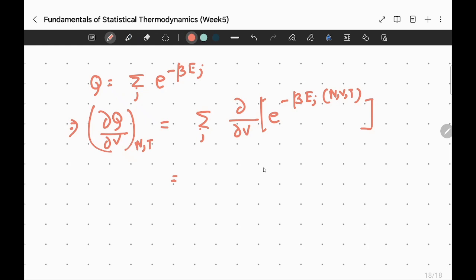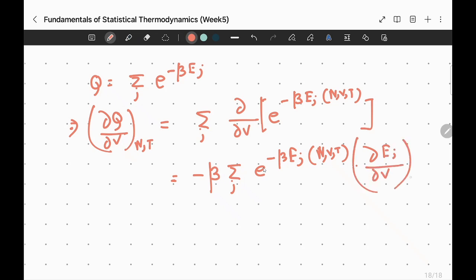Beta is constant, because temperature is constant, so beta will be here. So you are taking it, you can write e to the minus beta Ej at N, V, T into del Ej del V.